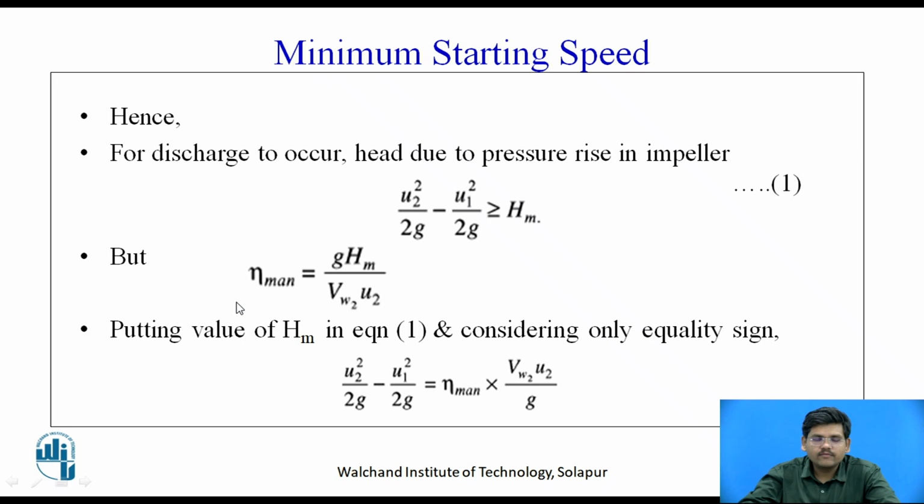But we know that manometric efficiency is equal to acceleration due to gravity into manometric head divided by velocity of whirl at the outlet and tangential velocity at the outlet. Now putting the value of Hm in the above equation, we have U2 square upon 2g minus U1 square upon 2g, which is equal to manometric efficiency into Vw2 U2 upon g. We have substituted this value into equation 1.